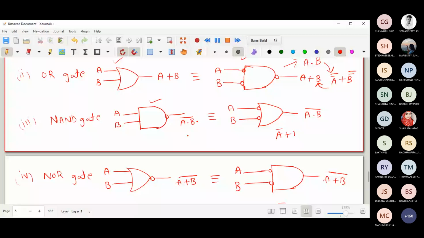That is one statement of De Morgan's theorem: A bar plus B bar is A dot B whole bar itself. If you expand A dot B whole bar, you get A bar plus B bar.